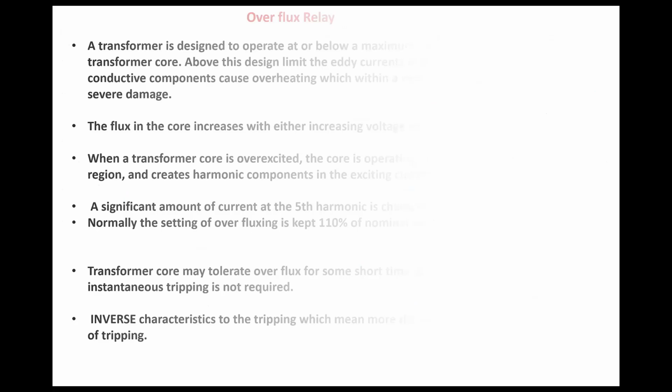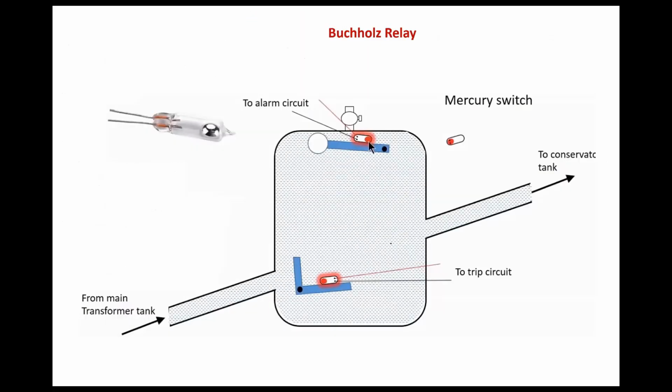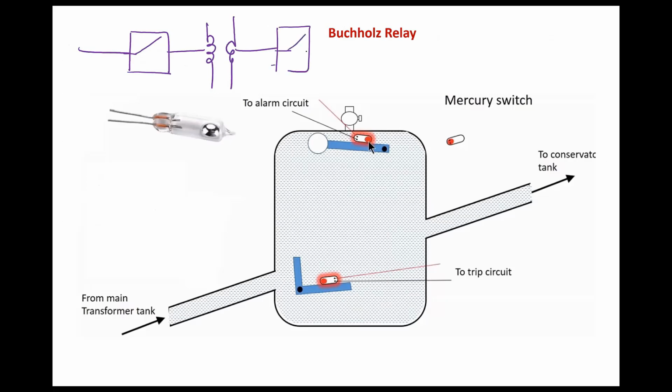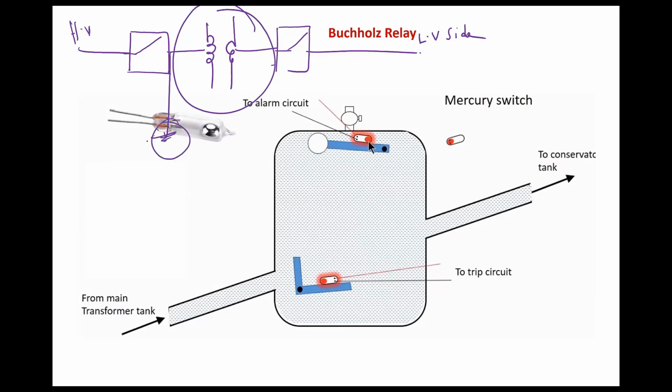Suppose this is the main transformer, with one breaker on the HV side and one breaker on the LV side. If the fault occurs here, this breaker should trip, and it should also give a command to trip the other breaker. That is the main point.